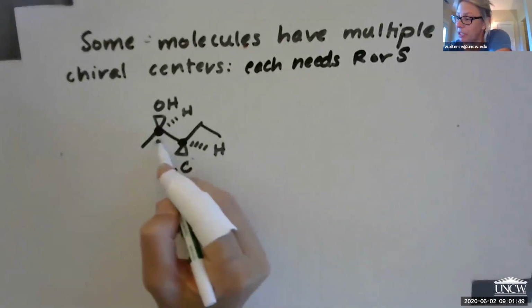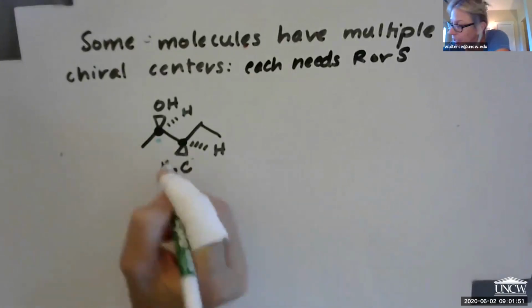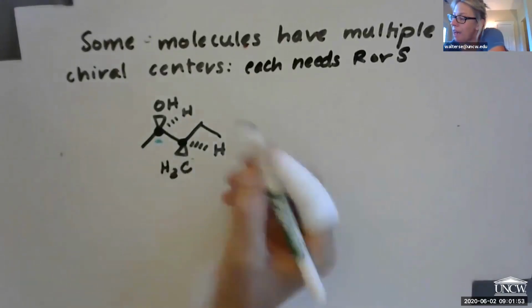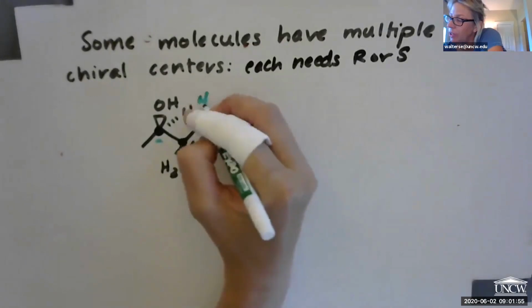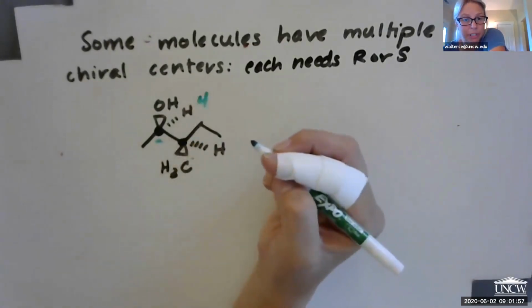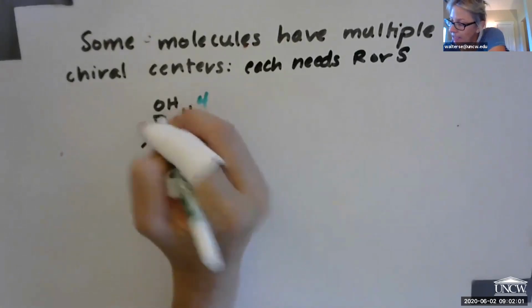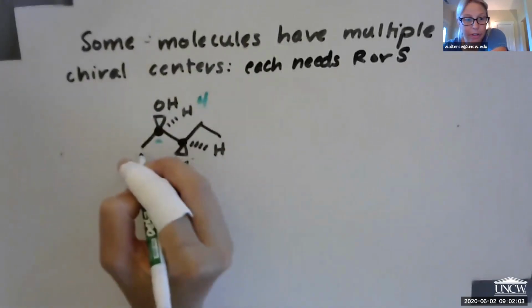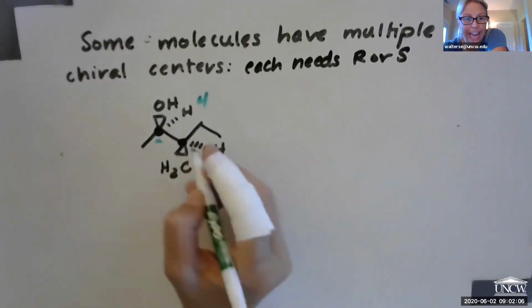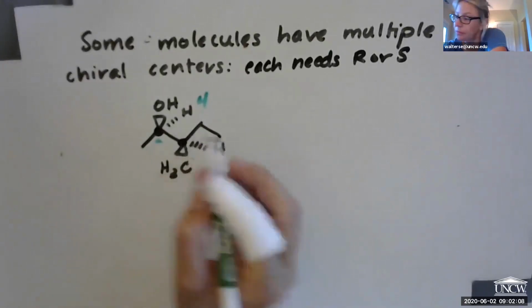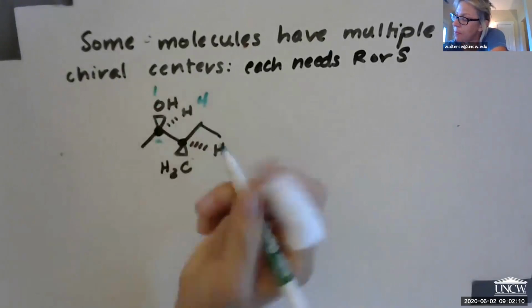So I'm going to do this one here in green. The hydrogen is the lowest atomic number, so it gets the number 4 priority. Oxygen has a higher atomic number than the carbon here and the carbon here, so this is 1.